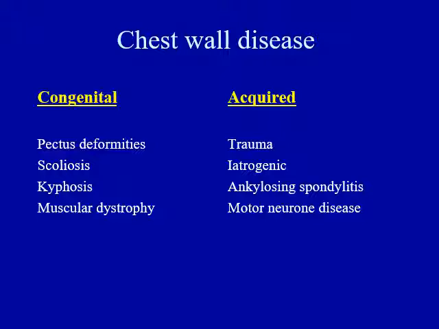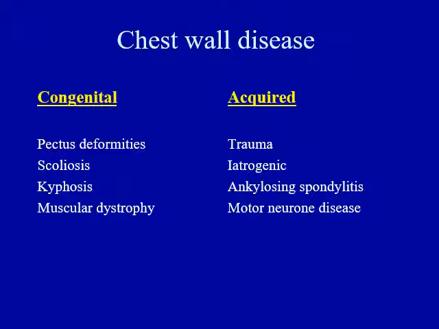We come to the last subject in our lecture, which is chest wall disease. A disease affecting the chest wall, the chest muscles, the ribs, the sternum, and the spinal column. It could be congenital or acquired.